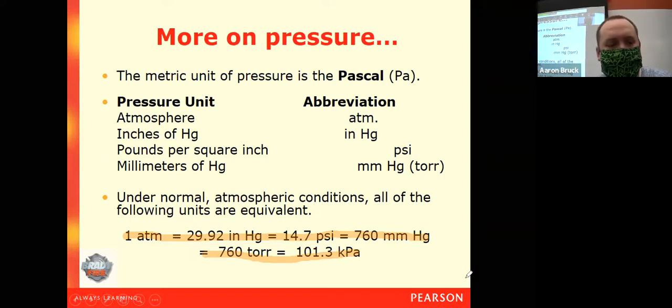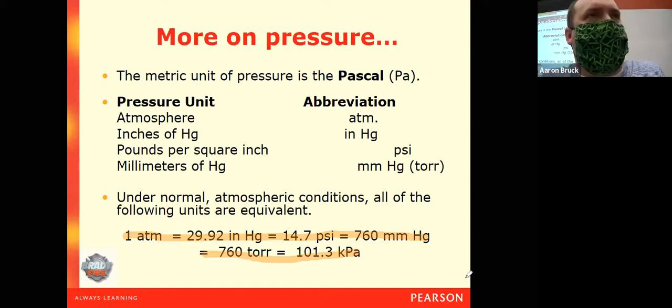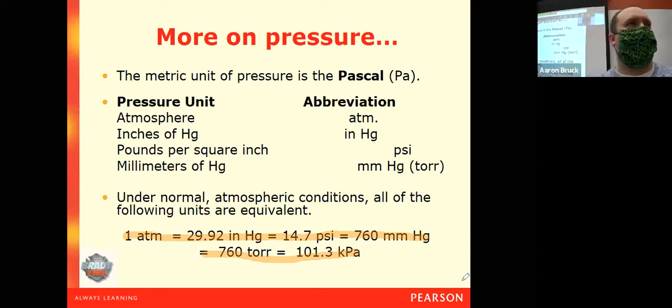So since all of those values are equivalent to each other, any kind of unit conversion could be done to help us convert from one unit to the other. Just like we did earlier in the chapter with converting inches into miles, or meters into feet, or liters into milliliters or cubic centimeters. We can do the same kinds of things here.